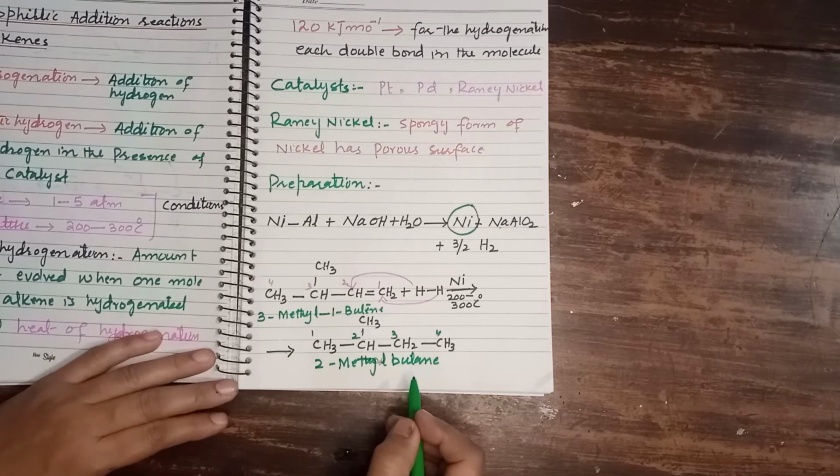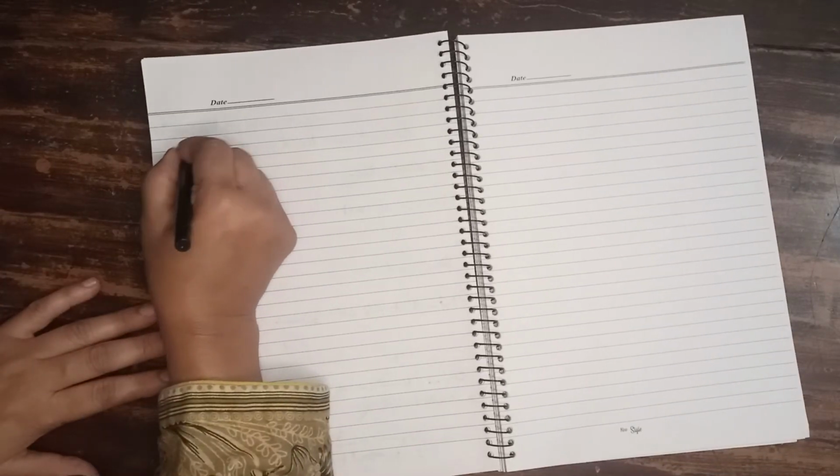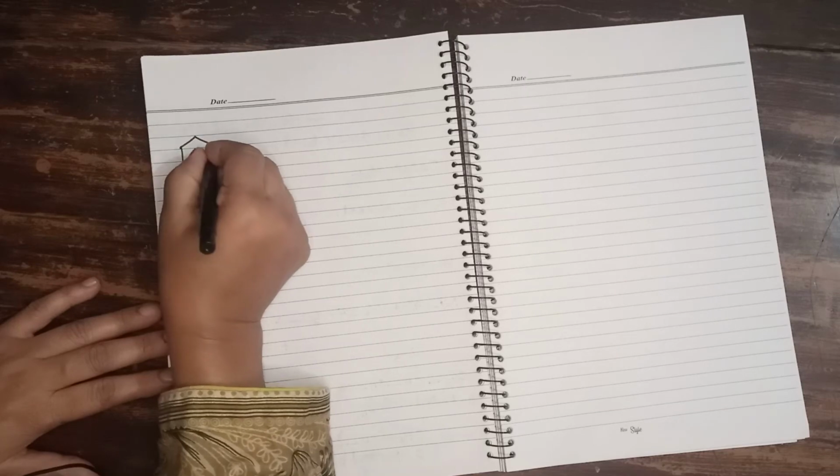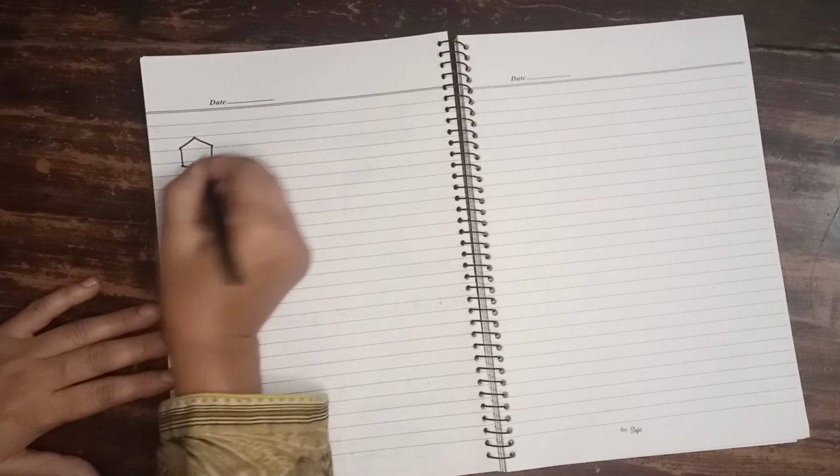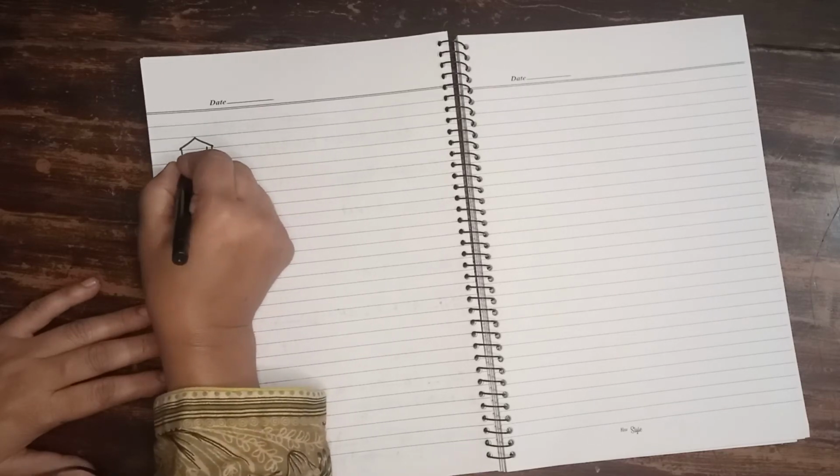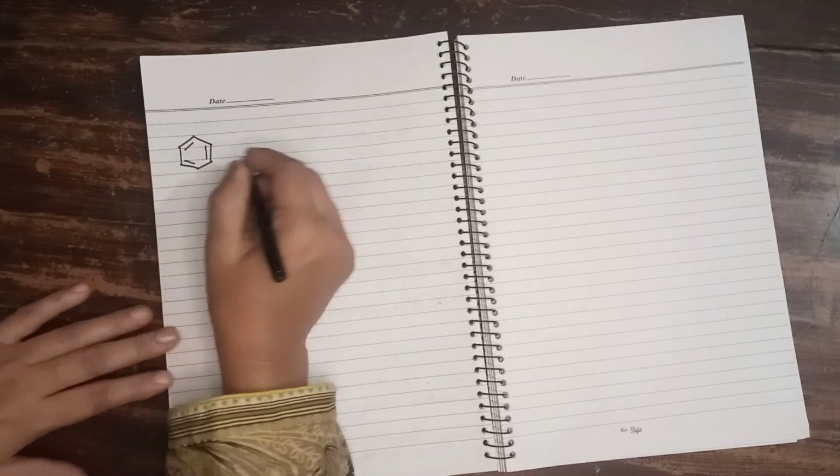I hope this is clear to you, students. Let's see one more example. For example, we have a benzene molecule like this. Inside the benzene molecule, we have 3 pi bonds, right, students?